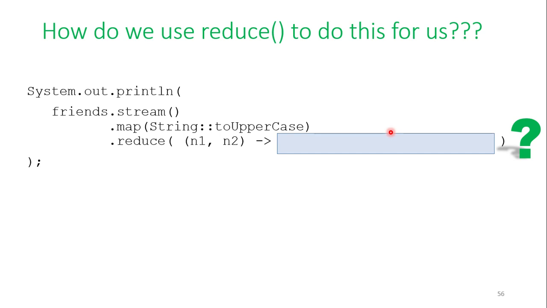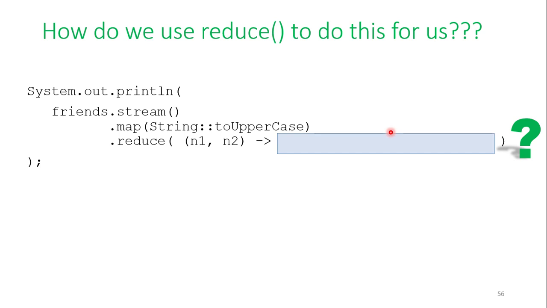It's just that it's such a common task that it has been encapsulated in a collector of its own, and we can use that collector, and that again simplifies the notation and allows us to reuse code without the risk of introducing our own errors, since this has been already implemented for us and tested thoroughly by people that have been involved in the development of the Stream API. Okay. So, nonetheless, in order to understand what's happening under the hood, and in order for you to be able to write your own reduce, if I ask you to do so in the exam, we are going to look at how we could do the same job with reduce.